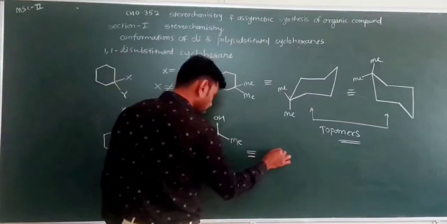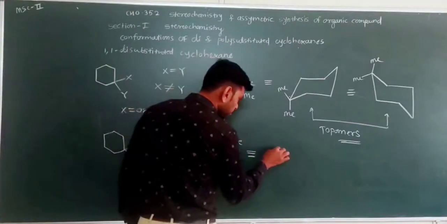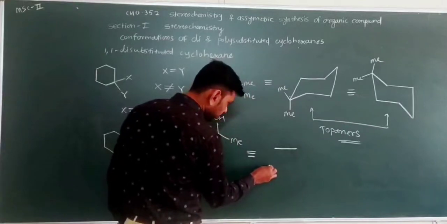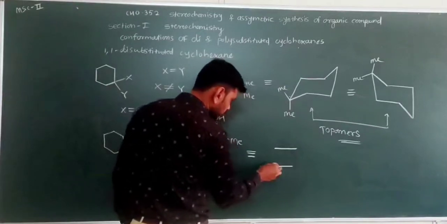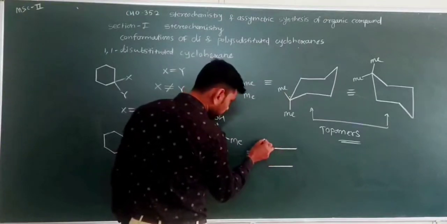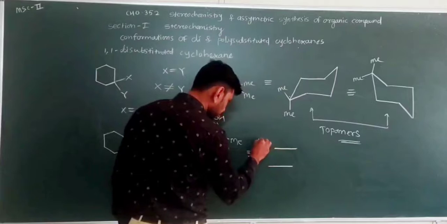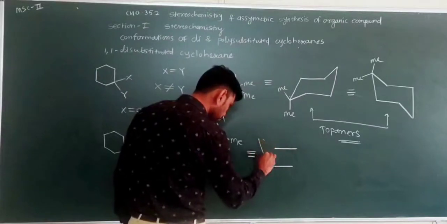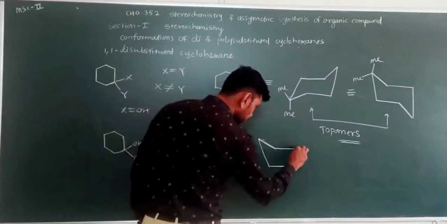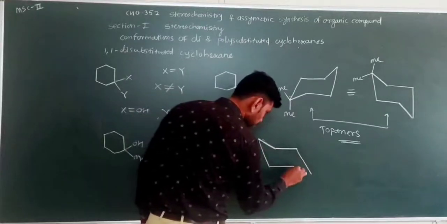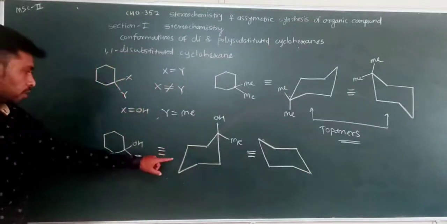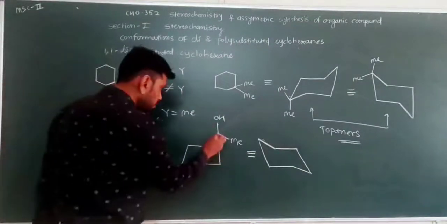Then we first draw the structure. This is another chair conformation where we have to convert this structure.